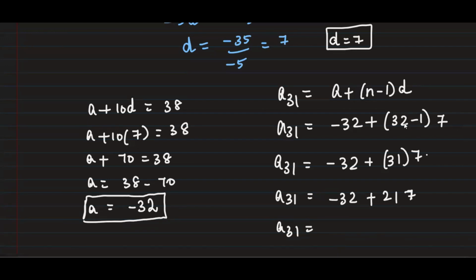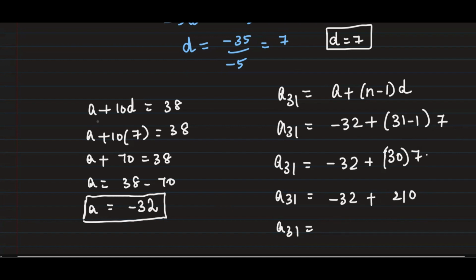No, sorry. Here n is not 32. Very sorry. Here n is 31. So 31 minus 1 will become 30, and 30 into 7 will become 210.